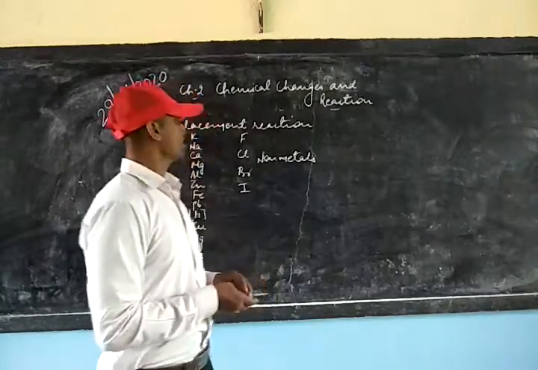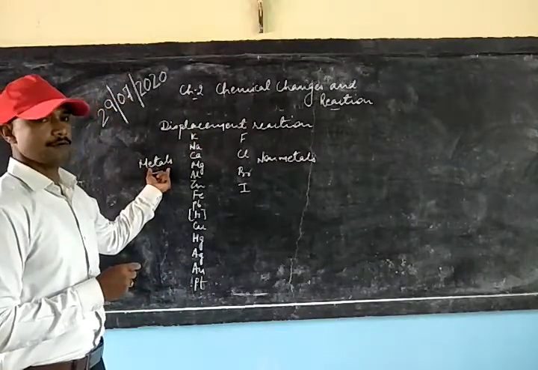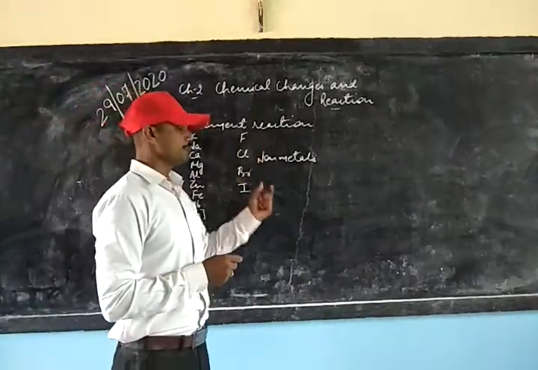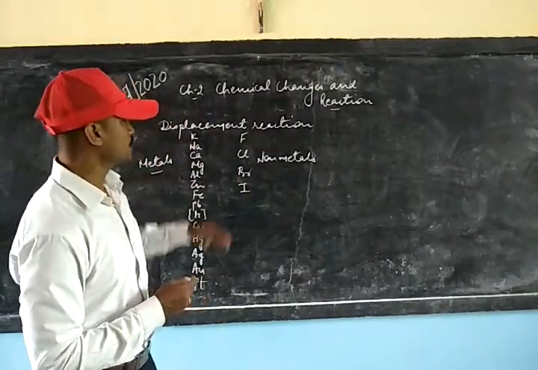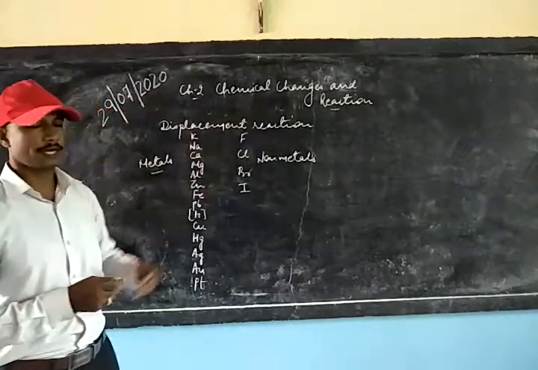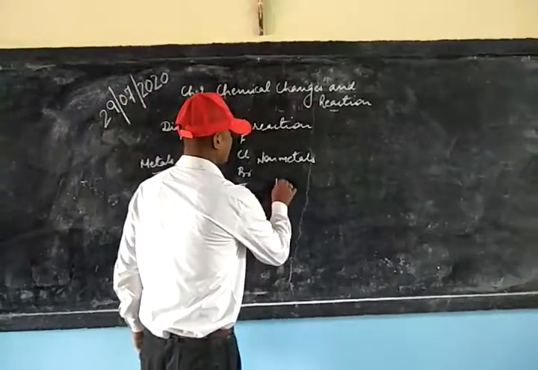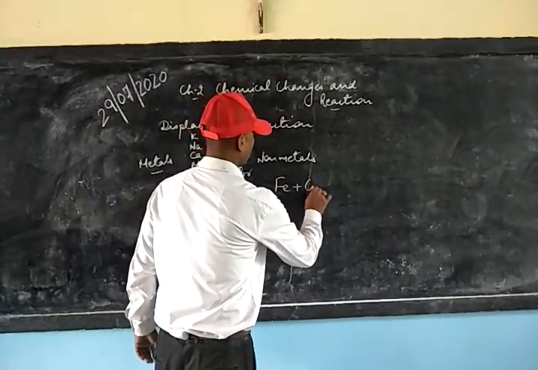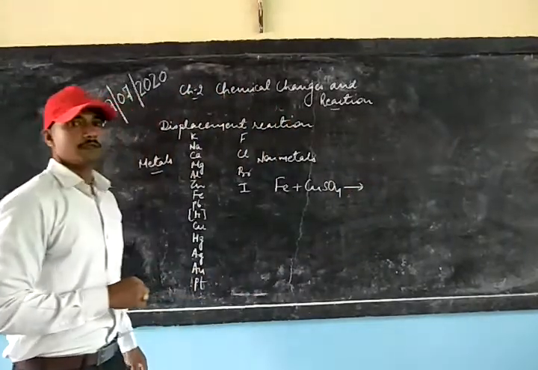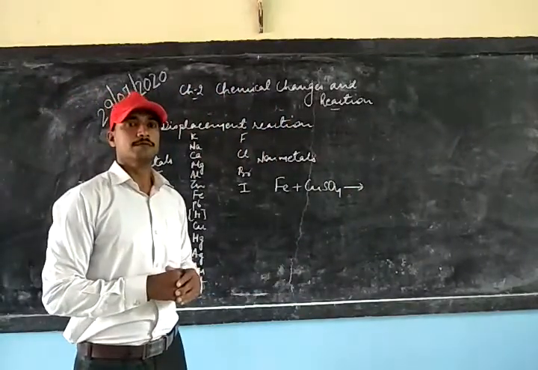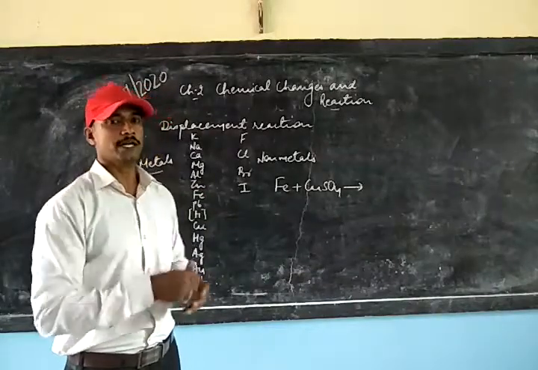Let us see. Here the reactivity series of metals is given, and this side the reactivity series of non-metals. Let us try to understand displacement reaction using these two reactivity series. Suppose we have a reaction between iron and copper sulfate. As the rule says, a more reactive metal can displace the less reactive metal.